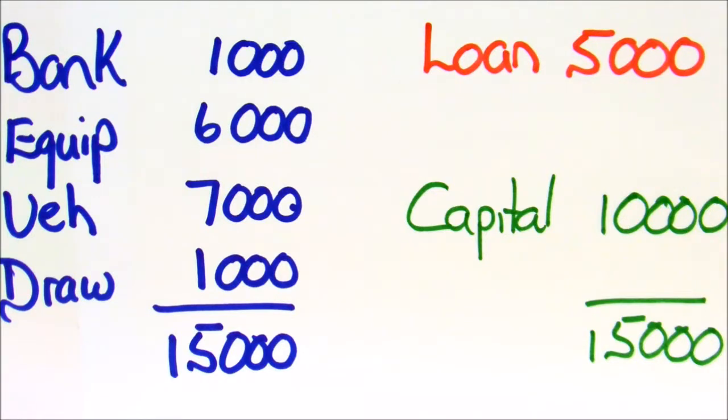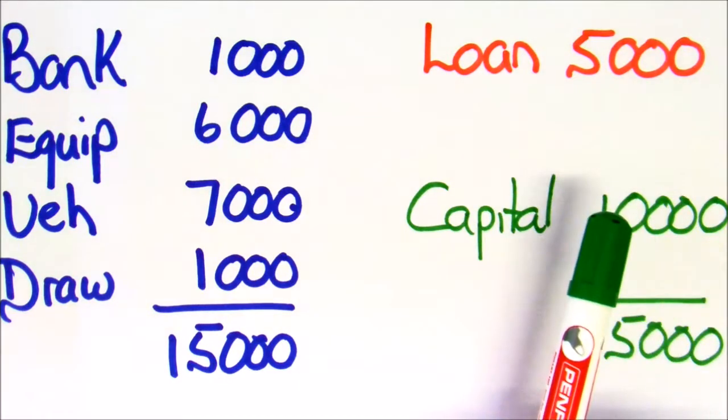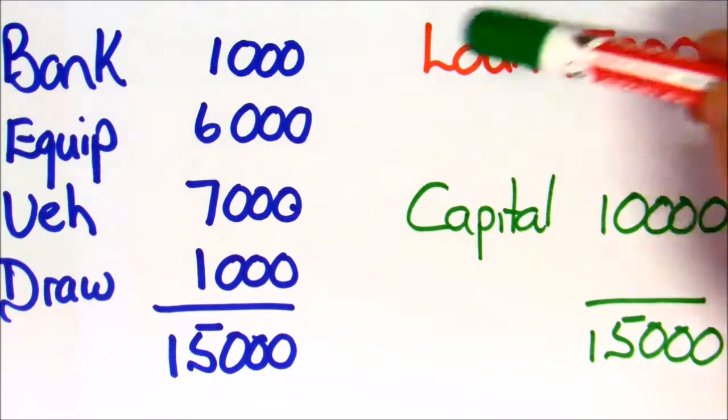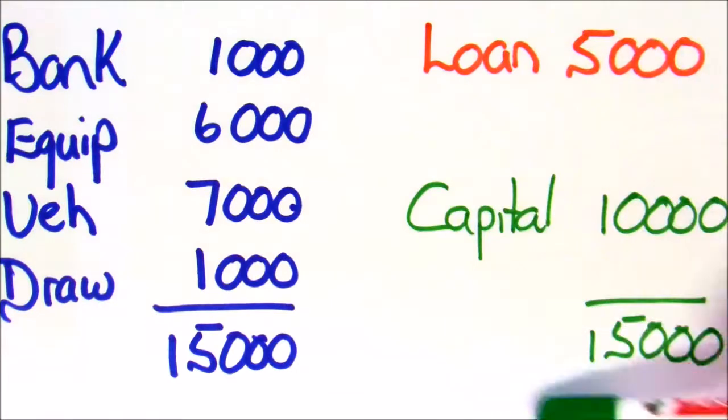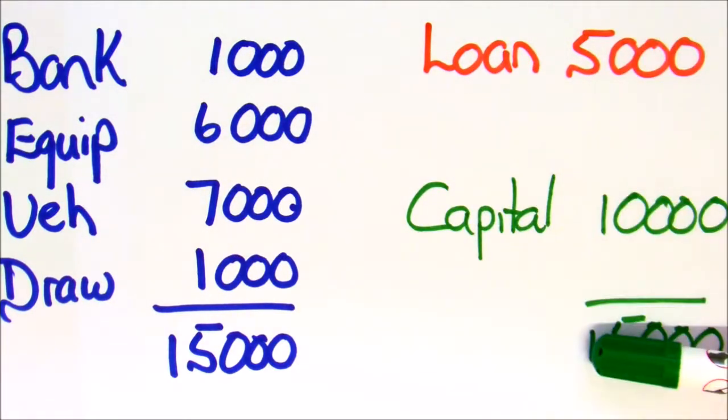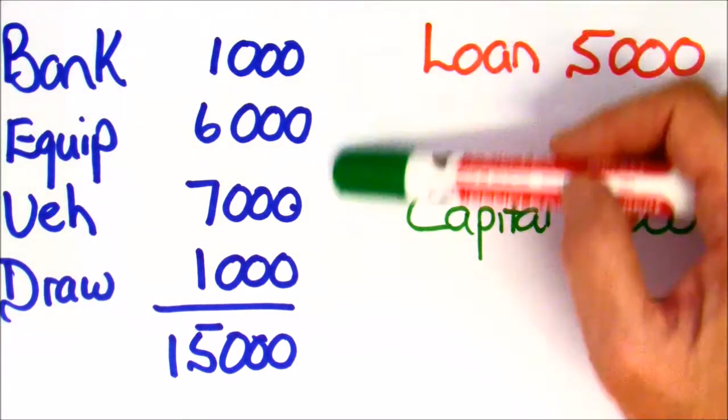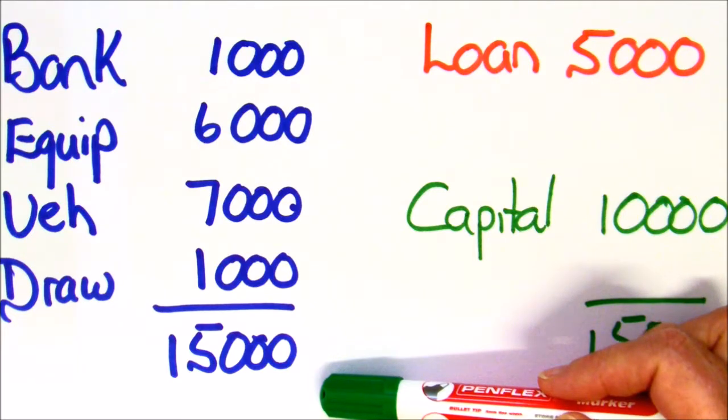Right. So now, at this point, I just want you to focus on this, that you can see how you are making 2 entries. You have got all the money that you've been put into the business in order to run that business, and you can account for what you've done with it.